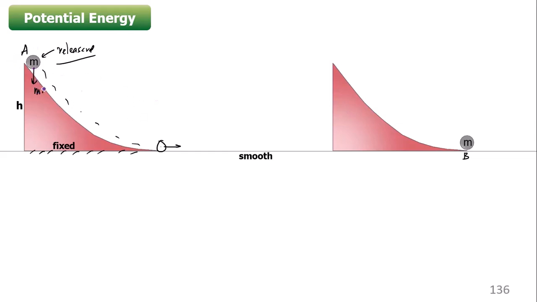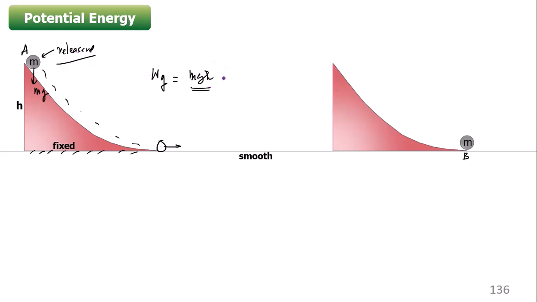Mg acting downward means the work done by mg is positive. So work done by gravity is equal to mg into h, a positive number, and that is the positive work being done on the particle itself.